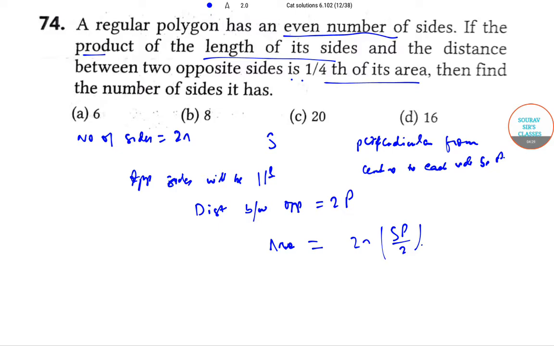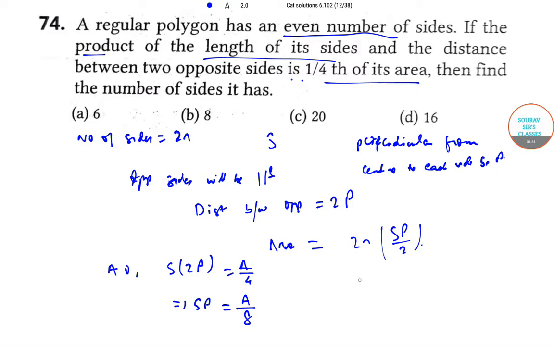Now, according to the question, s into 2p is equal to A by 4, or sp is equal to A by 8.